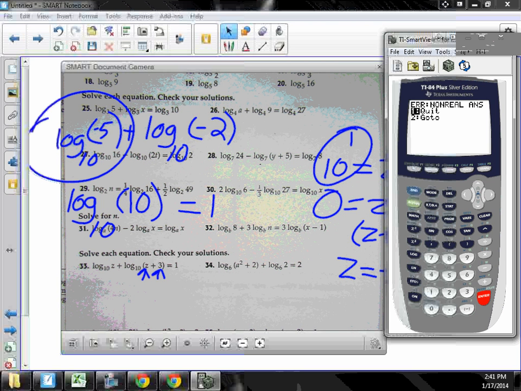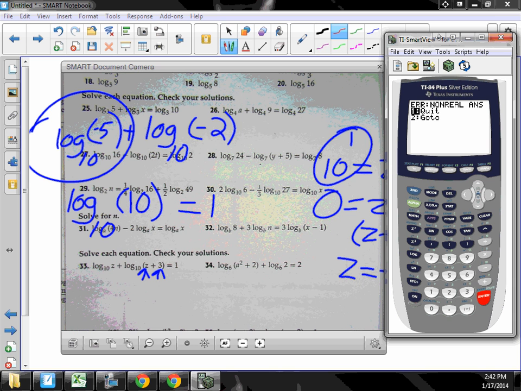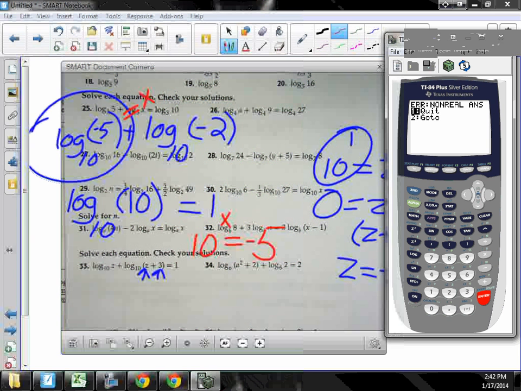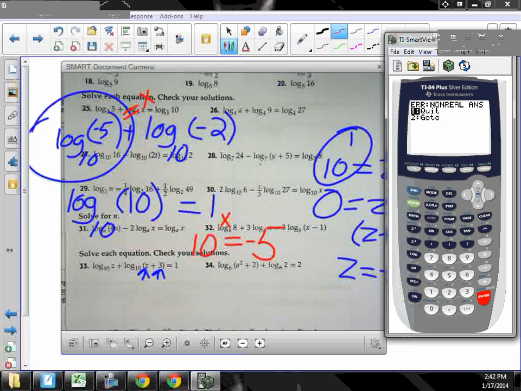So what this is asking is, if I set this equal to x, 10 to the x equals -5. Why is that an error? Well, if I square it, it's going to be positive, right? But what if I cube it? It's still positive. How come?